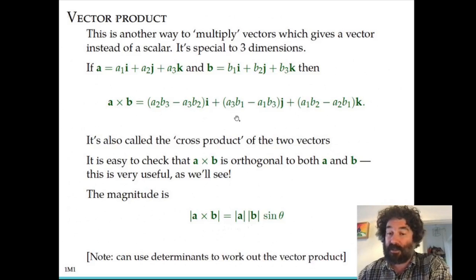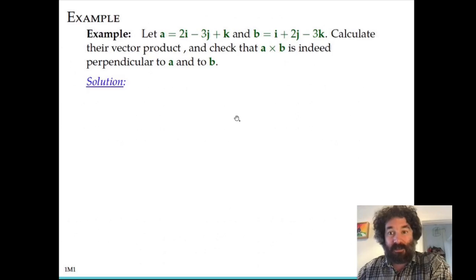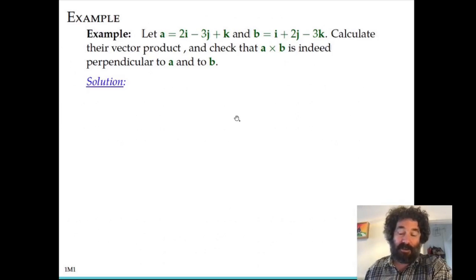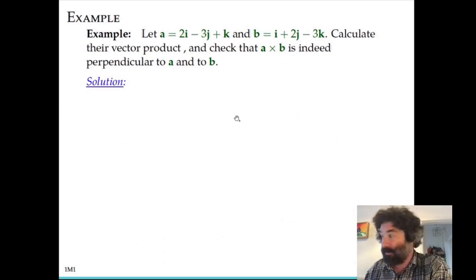I'm going to discuss that in an example. If you haven't heard of determinants before, that's okay. If you have heard of them, you may have a slight advantage in remembering the formula, but I'll still go over it. All right, so let's look at an example of calculating the cross product between two vectors and discuss how we can remember that complicated formula.